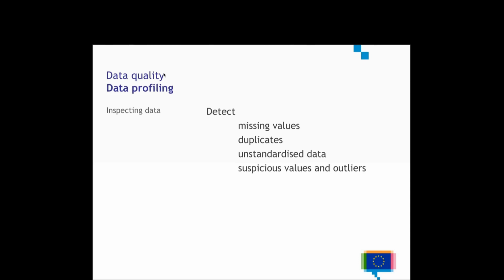Whenever you open a new data set for the first time, then I think one best practice, so to speak, is to do some basic checks. And I call it data profiling here. It's just inspecting your data to see if there is anything suspicious or missing in your data set. And this is more part of the exploratory data analysis. So this comes before making visualizations to explain things to others.